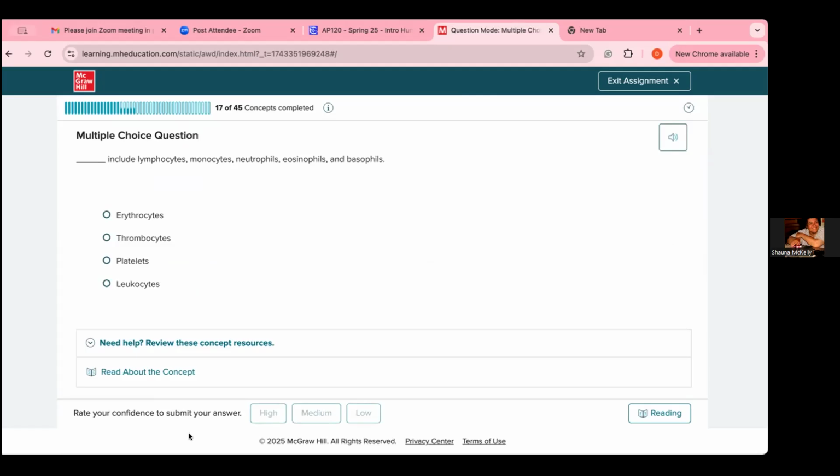Blank include lymphocytes, monocytes, neutrophils, eosinophils, and basophils.